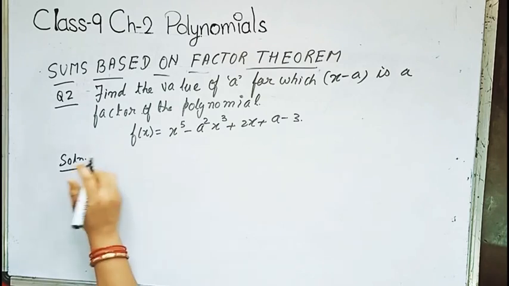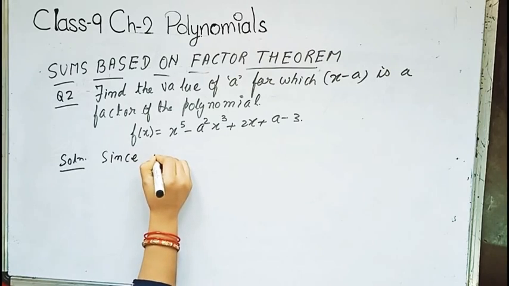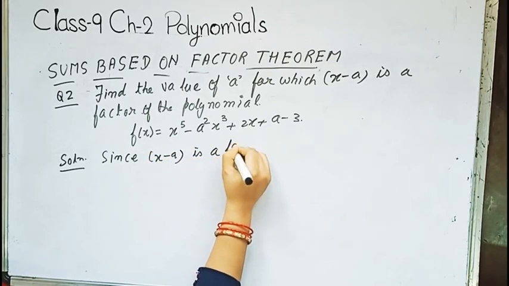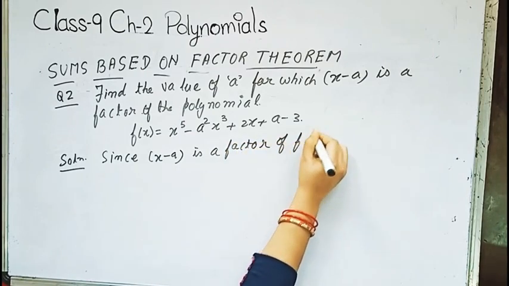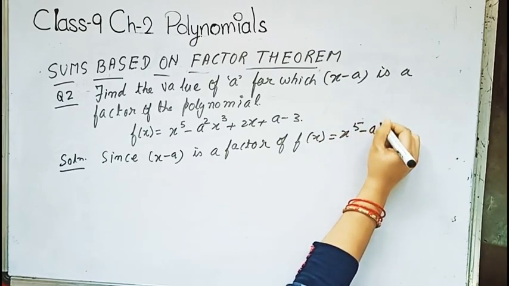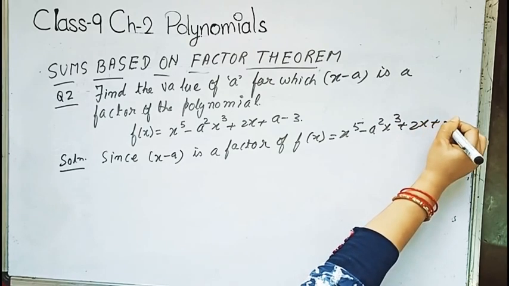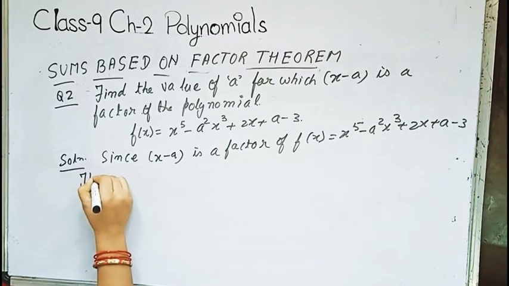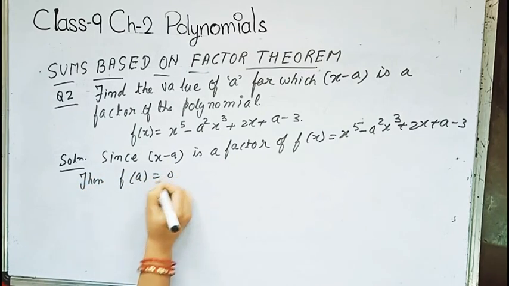So we will start the solution as: since x - a is a factor of f(x) = x⁵ - a²x³ + 2x + a - 3, then f(a) = 0.